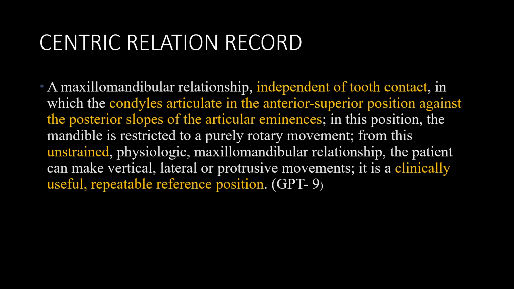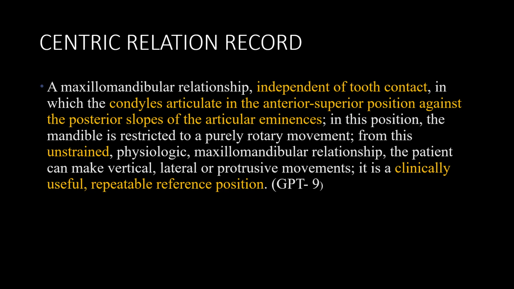Now, coming to the last, the horizontal jaw relation. The horizontal jaw relation, also known as the centric relation record, is a maxillomandibular relationship independent of tooth contact in which the condyles articulate in the anterior superior position against the posterior slopes of the articular eminence.